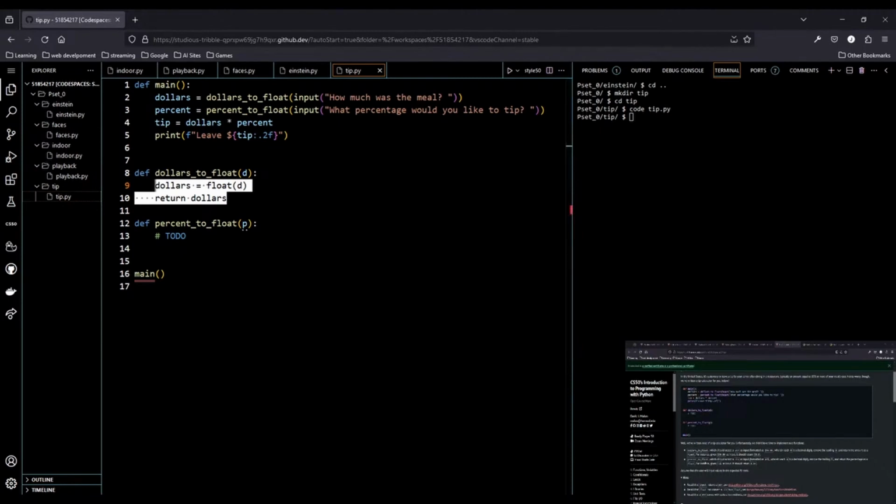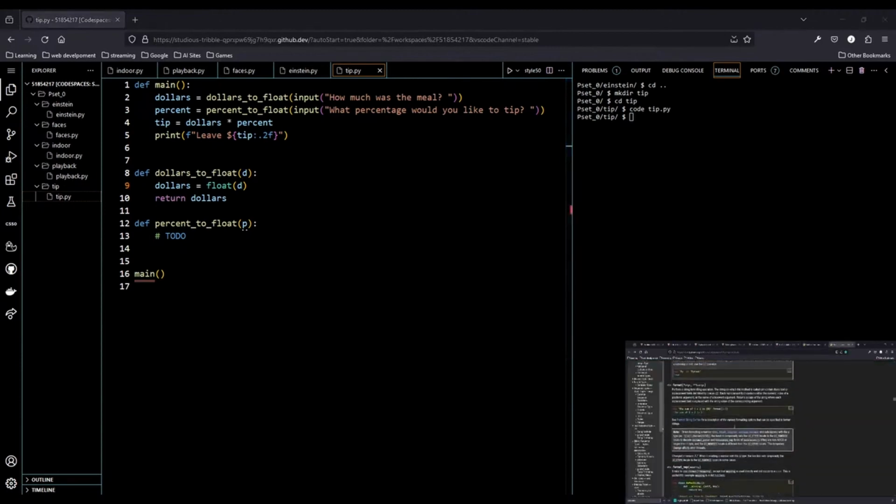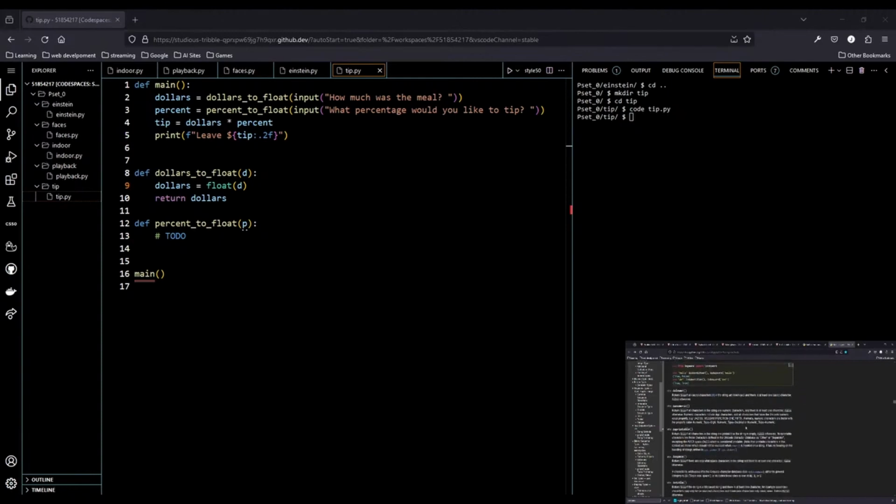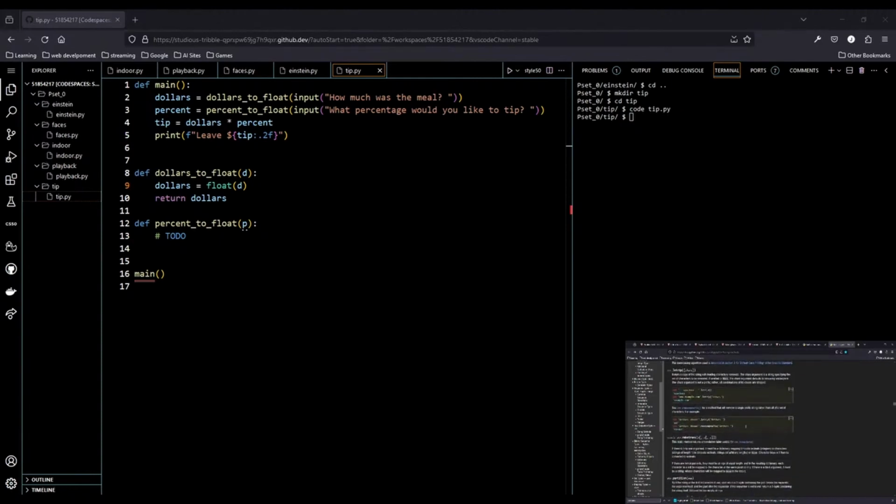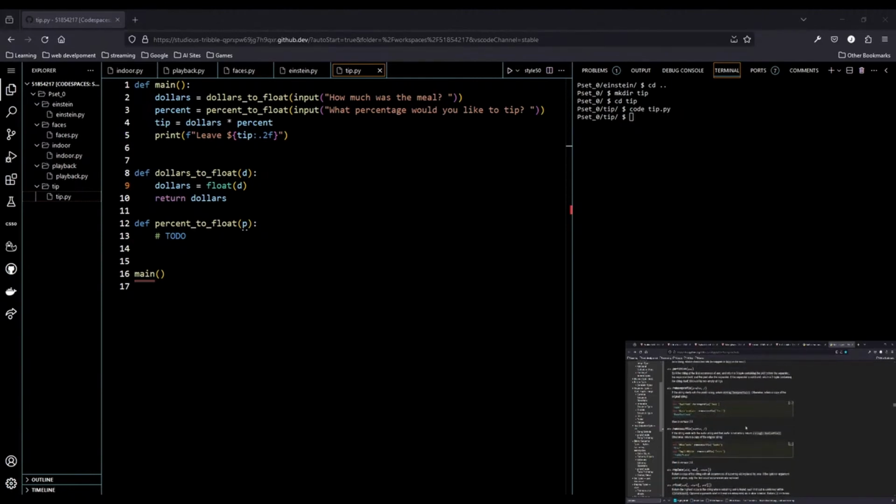Should accept a string, for instance, percentage, where is this? And then we remove the trailing. So if we come back into here, we scrolled through this a bunch of times already. And we saw suffix and prefix. So we see remove prefix.